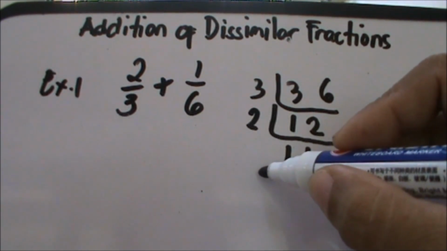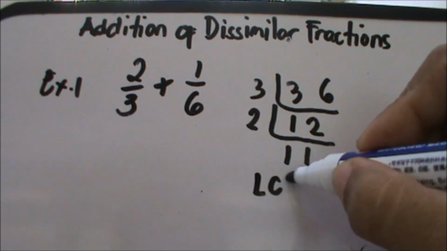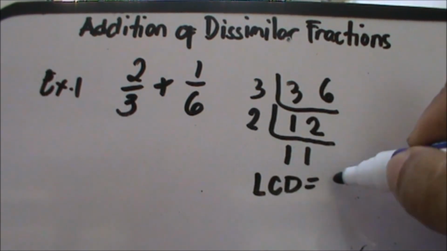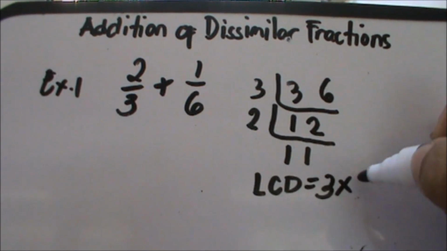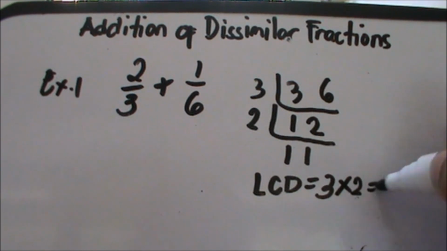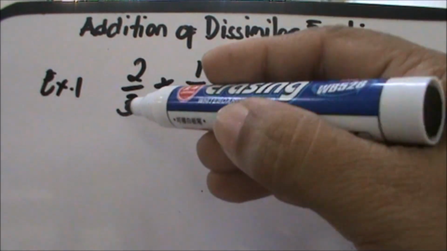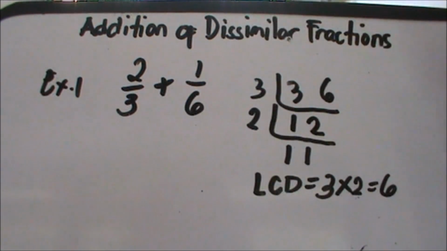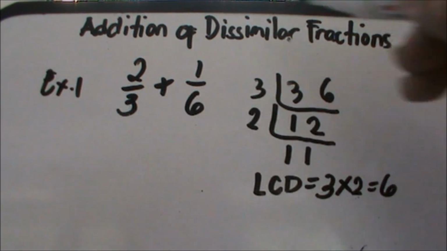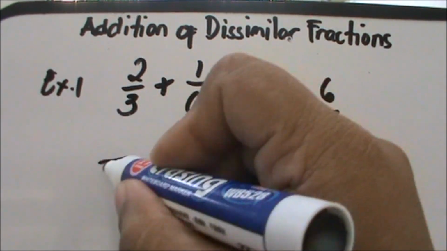So the least common denominator will be 3 times 2, which is 6. So now 2/3 plus 1/6 have the common denominator of 6.